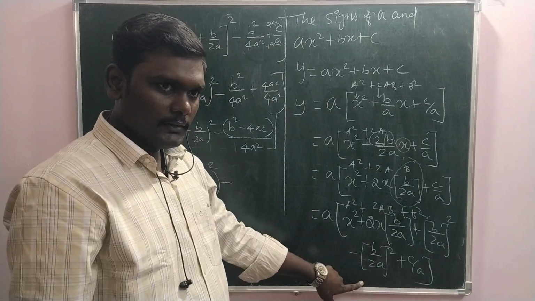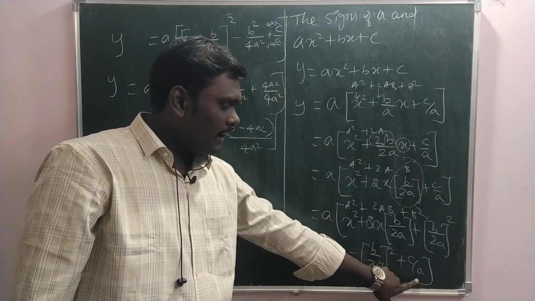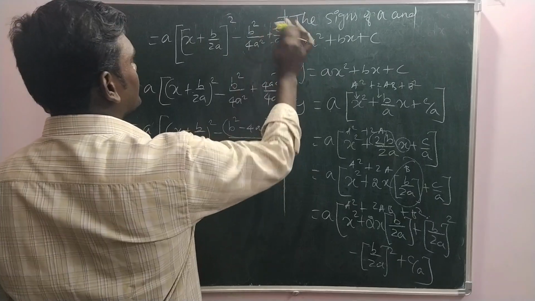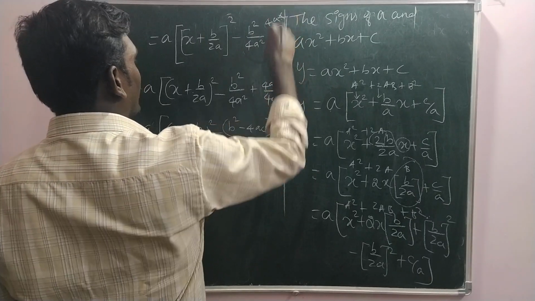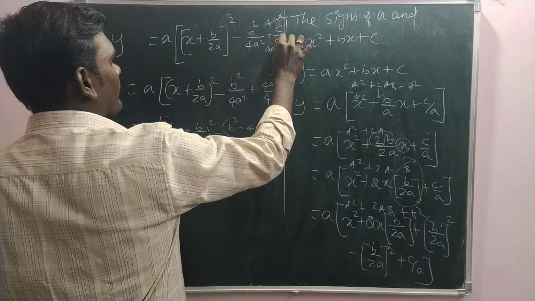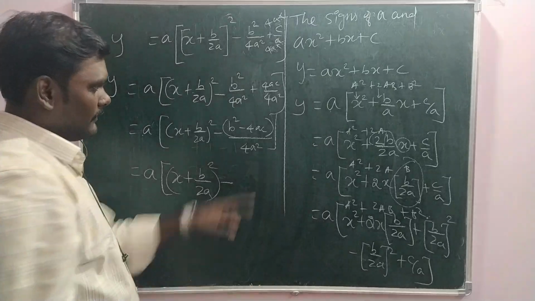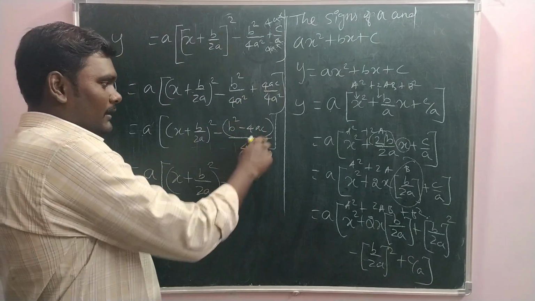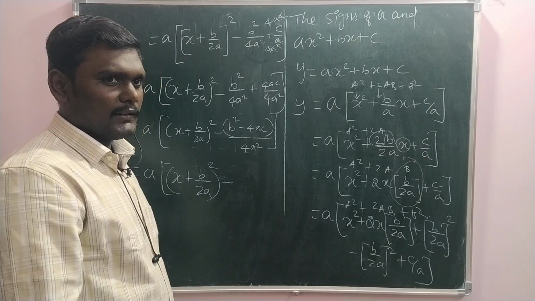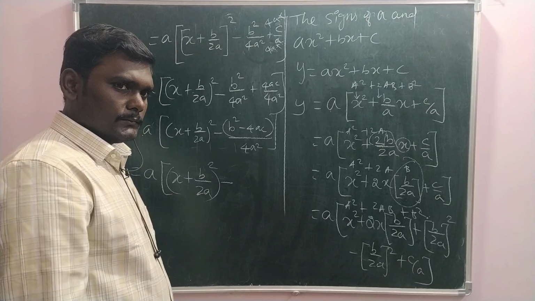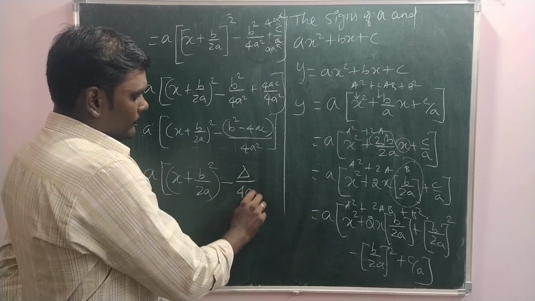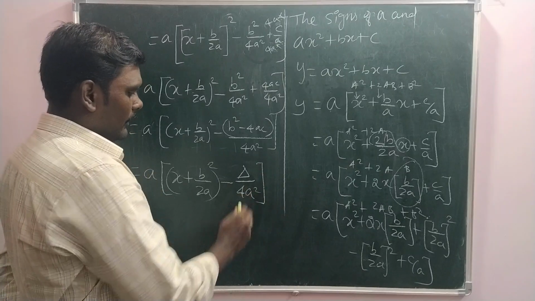I squared this, and then this one also should have 4a square in the denominator. Then what should be multiplied? Yes, the 4a. Already a is there. Okay, then I multiplied and got this one. When you take negative as common, have you seen this guy anywhere? b square minus 4ac is what? Discriminant by 4a square. Alright.